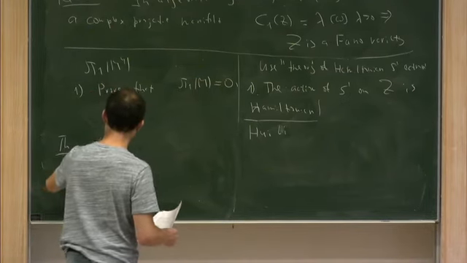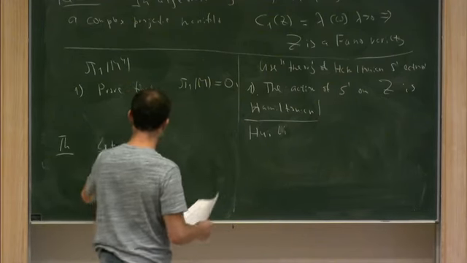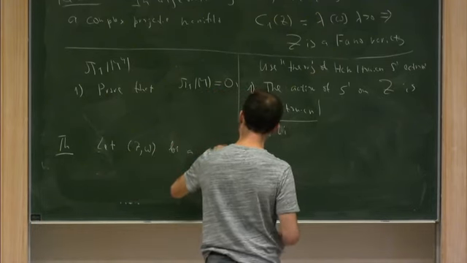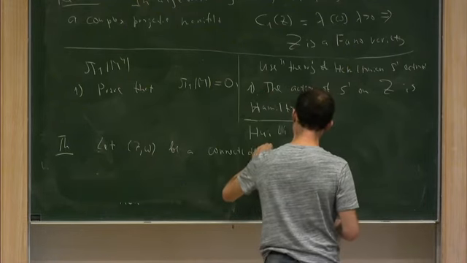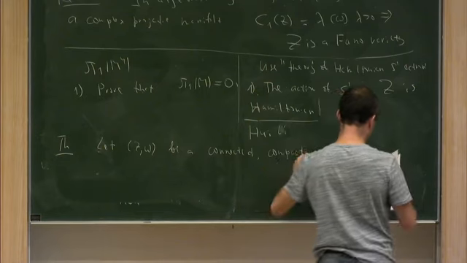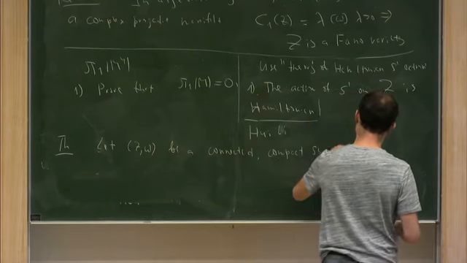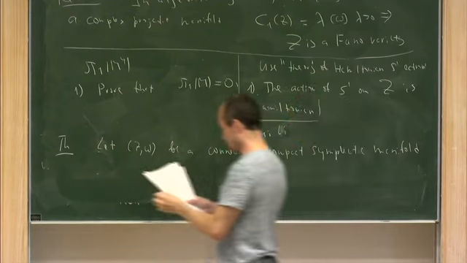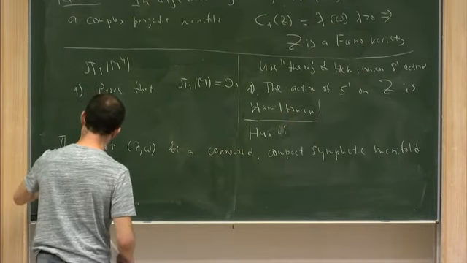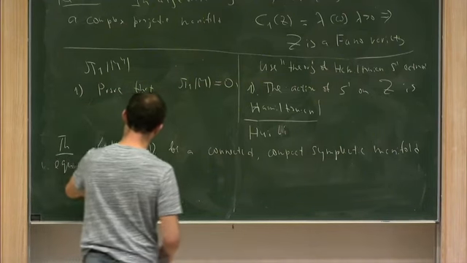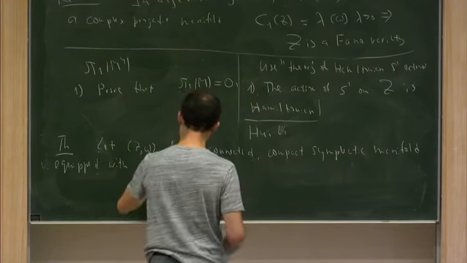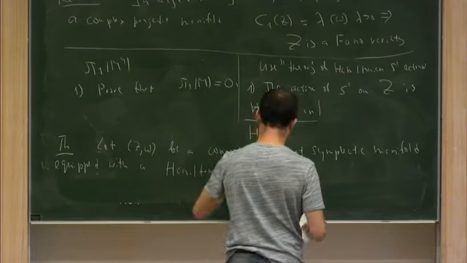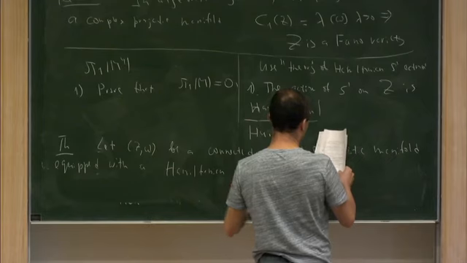Let (Z, omega) be a connected compact symplectic manifold equipped with a Hamiltonian S1 action.